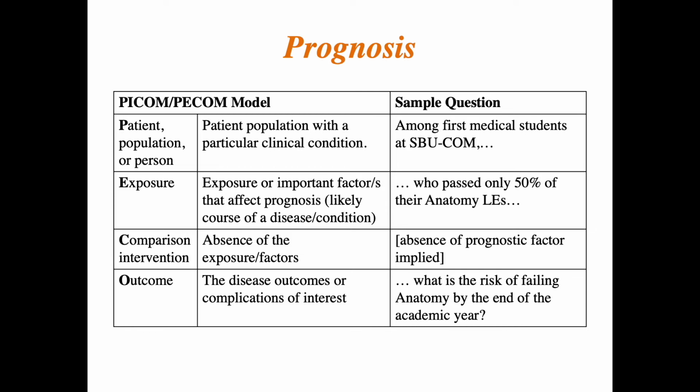The comparator will be the absence of this particular risk factor being assessed. So, what would their chances be of failing the anatomy course at the end of the academic year if they passed only 50% of their long exams? That's definitely one example of a prognosis type research question.